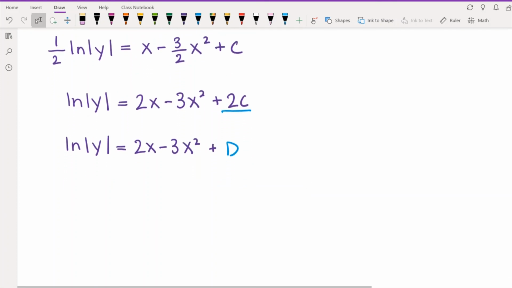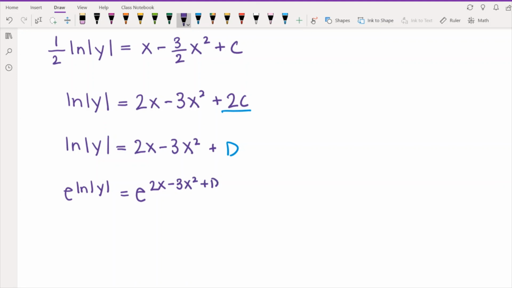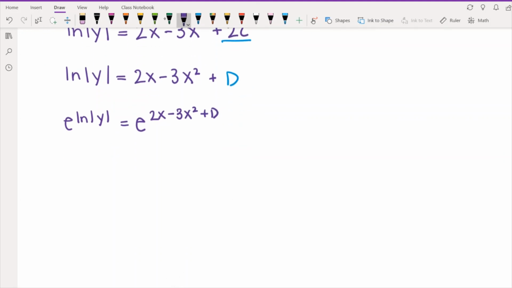And so now it's very similar to one of the ones we did earlier in the video. So you can exponentiate both sides. So we get e to the ln of absolute value of y is equal to e to the 2x minus 3x squared plus d. And so now we can simplify the left-hand side as absolute value of y is equal to all of this stuff.